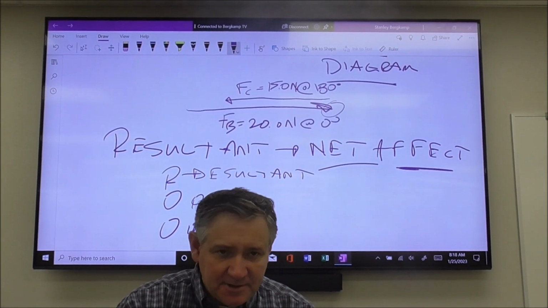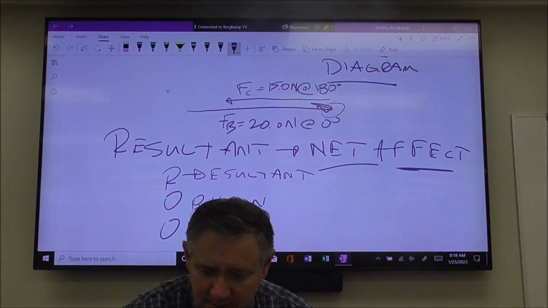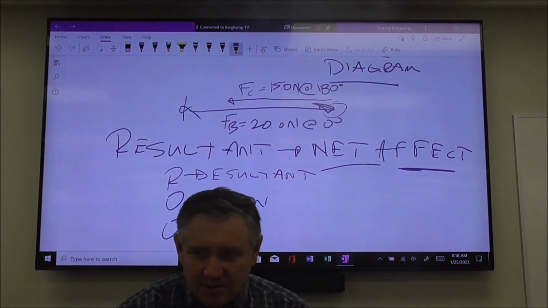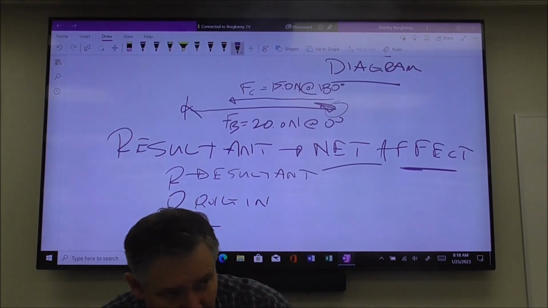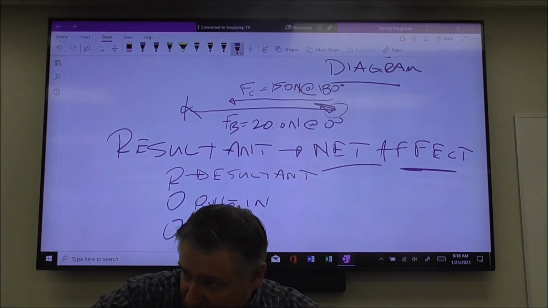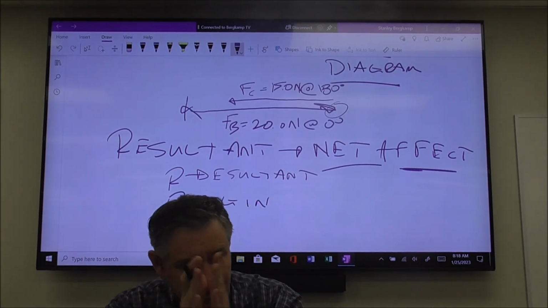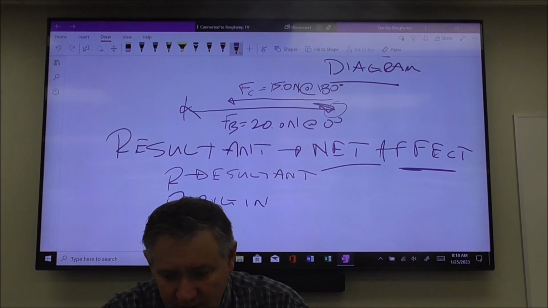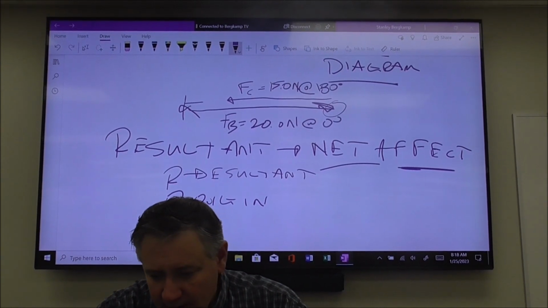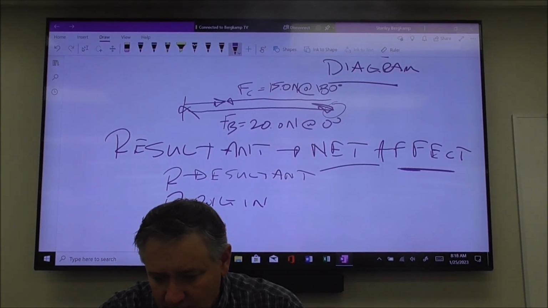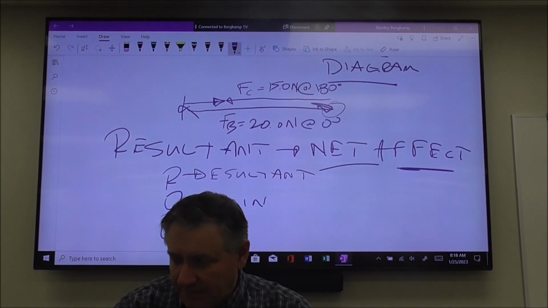So if I come up here and I go to where I started, okay, I go back to that initial point where I started drawing Bailey's vector. And I'm going to draw that resultant from where I started out to where I end up. Okay?